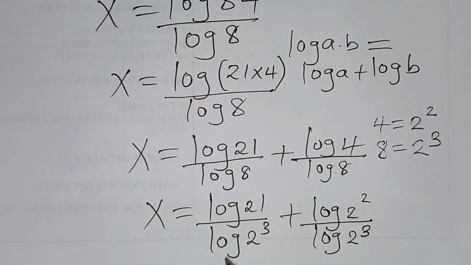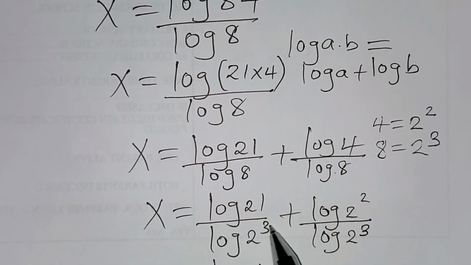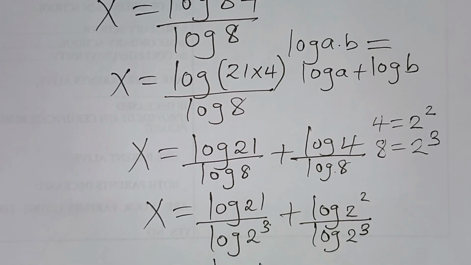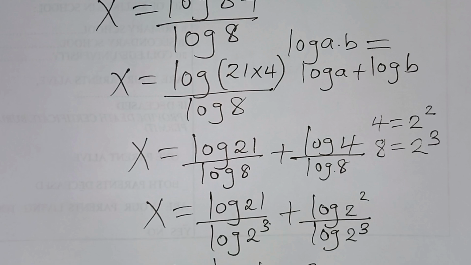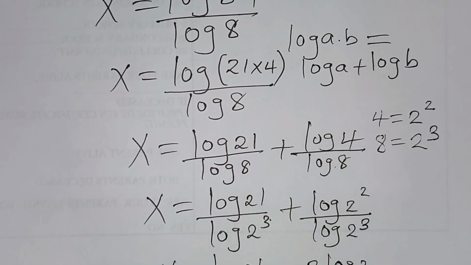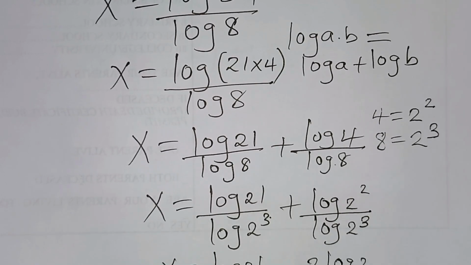Now we have that x is equal to log 21 divided by log 2 to the power 3. We can express this as 3 log 2 plus log 2 to the power 2, which can be expressed as 2 log 2, over log 2 to the power 3, which can be expressed as 3 log 2.